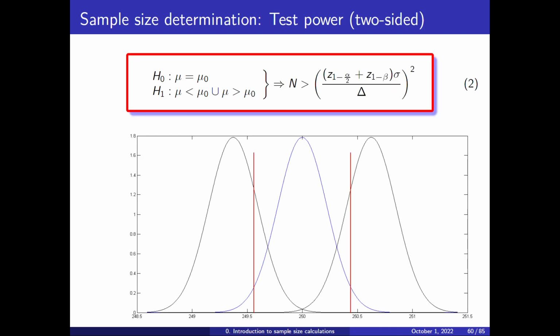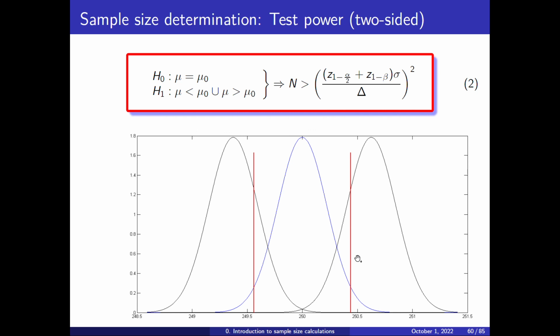And here you have a representation of both at the same time. This is the null hypothesis. If the observed mean is not further than these two critical lines, you will not reject the null hypothesis. This area here is 2.5%, this area here is 2.5%, and the areas of false negative are the black one here and the black one here, and each one is 20%.